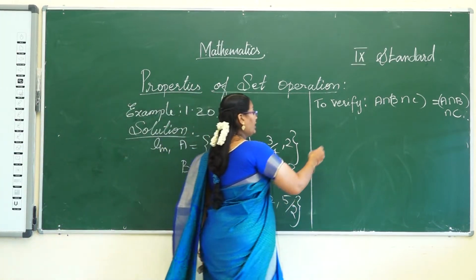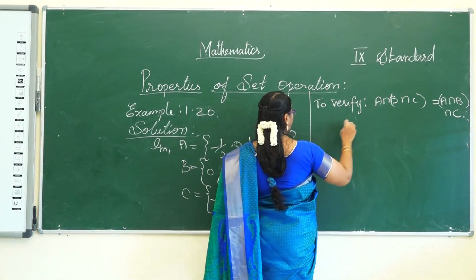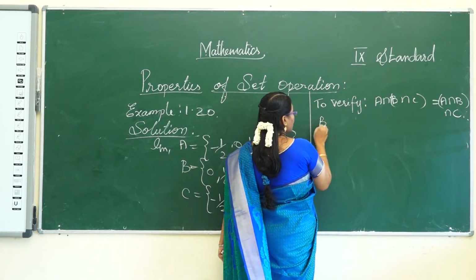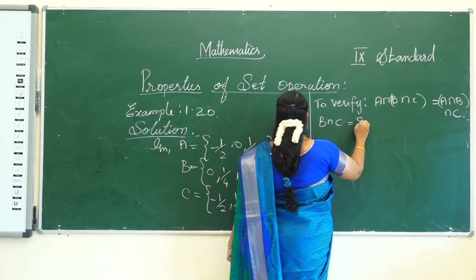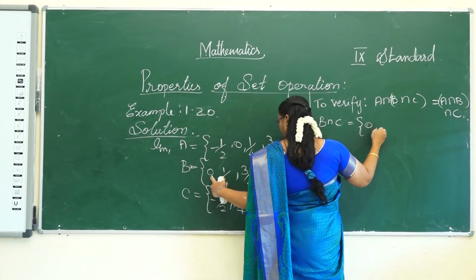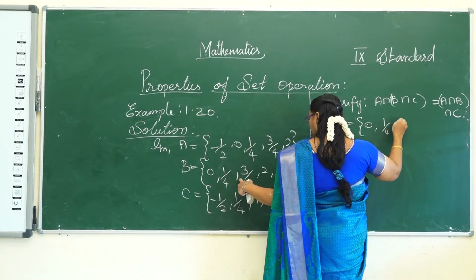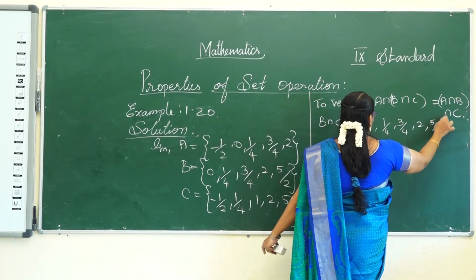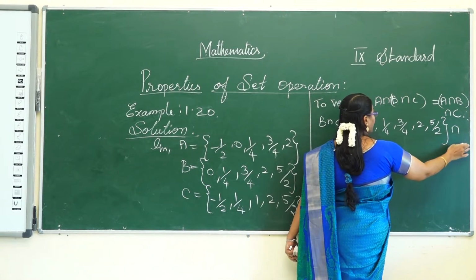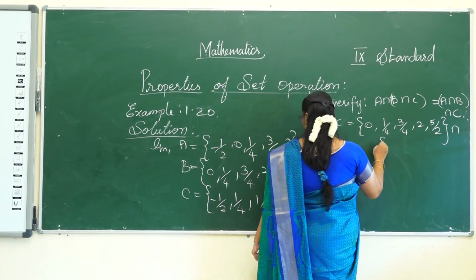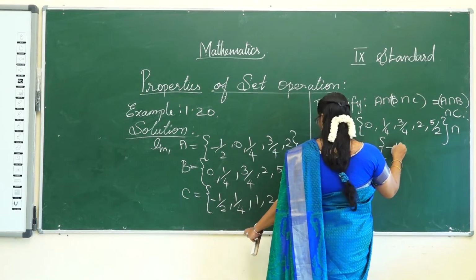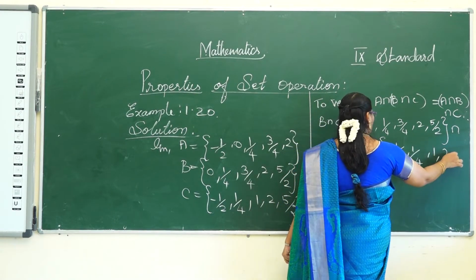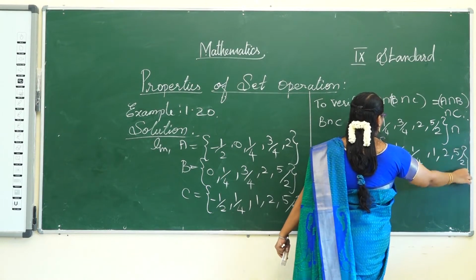So what are the elements in set A intersection? For B intersection C, first preference to the parenthesis. So B intersection C: B values are 0, 1/4, 3/4, 2, 5/2, intersection C: -1/2, 1/4, 1, 2, 5/2.